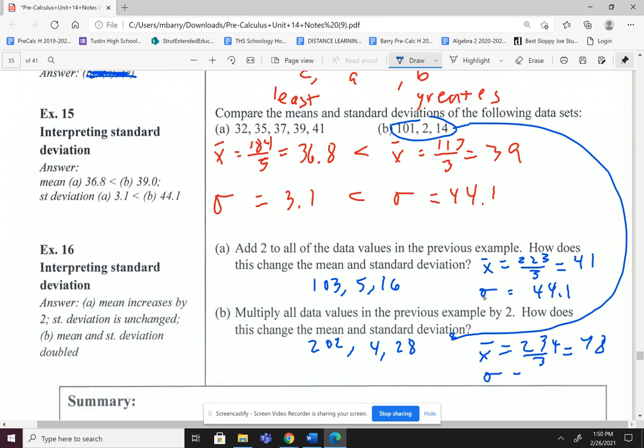And if I did the standard deviation, it would actually be 88.2. Okay, and so in this case, they actually both double. So they both double, and that actually makes sense because now you can see the numbers are more spread out because 4 is very far away from 202. And so this one only mean adds 2. Okay, so different effects there on adding versus multiplying a common number to a data set.